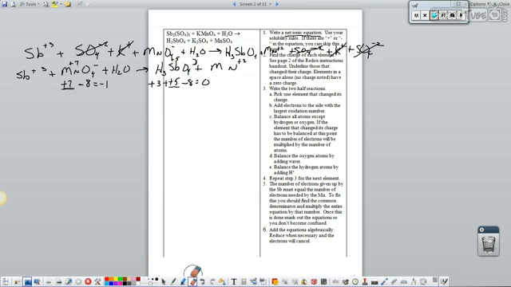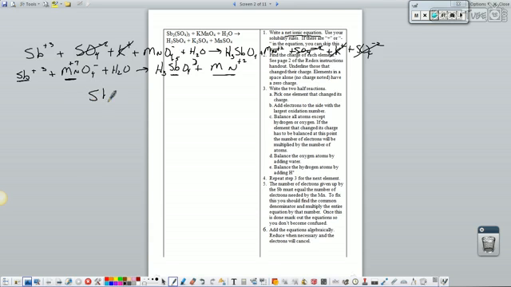Now I'm going to erase this right here because that kind of interferes with what I'm trying to show you. All right, now I'm concentrating on those things that change their charge and whatever atoms are glued to them. So I'm going to write 2 half reactions, pick one of the elements, and the first element I see is Sb.